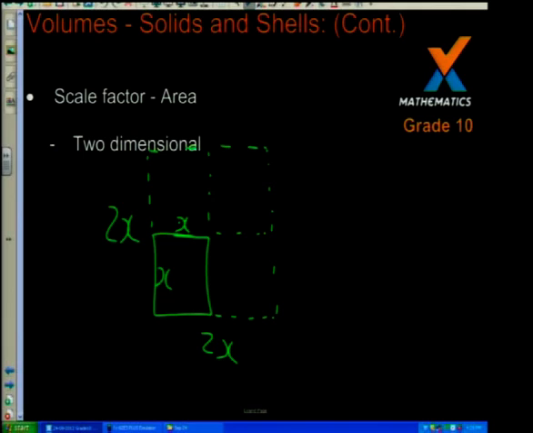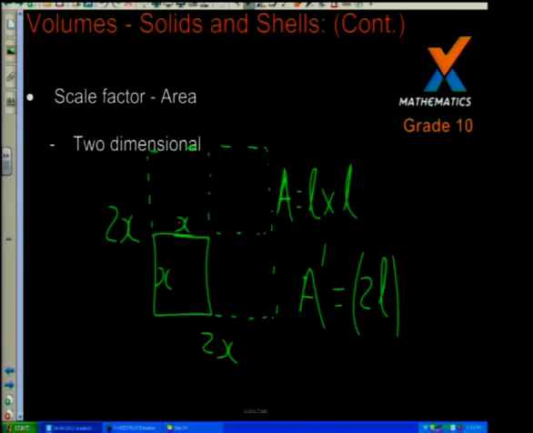If you had length times length as your area initially, now the new area is equal to the length doubled. So we do exactly that. 2L times 2L. Okay.